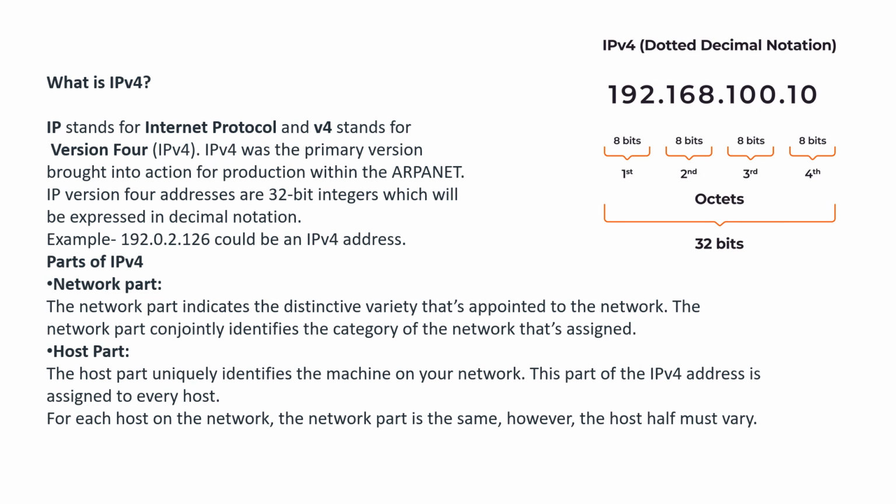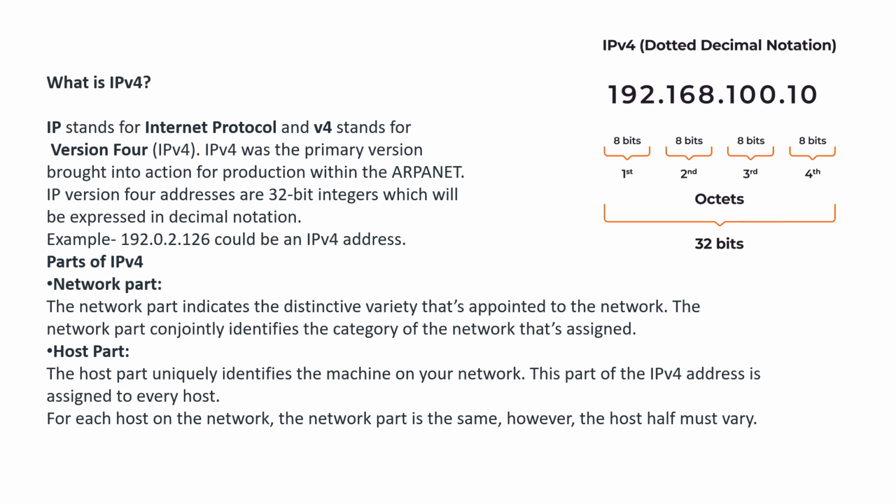IPv4 addresses consist of two parts: the first is the network part, and the second is the host part. IANA allots the network part, and the host part is allotted to every device by the routers or default gateways.